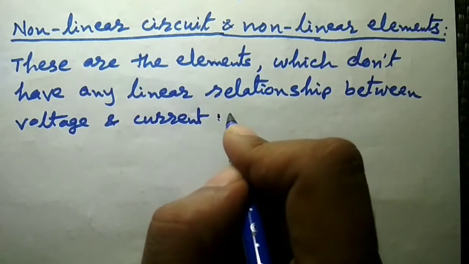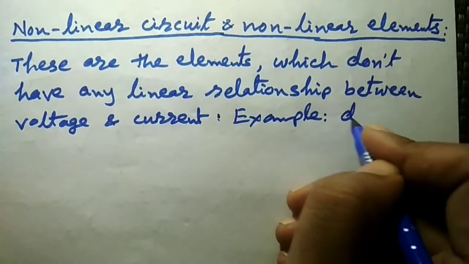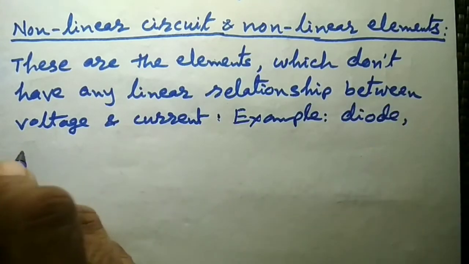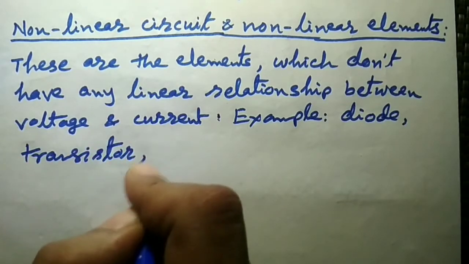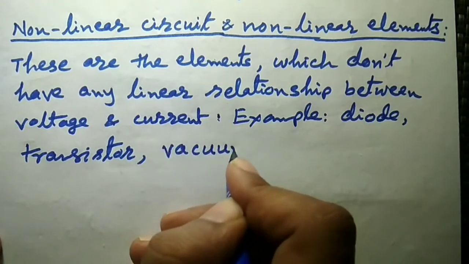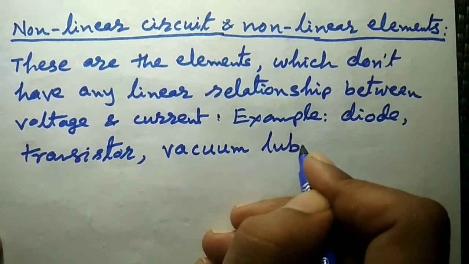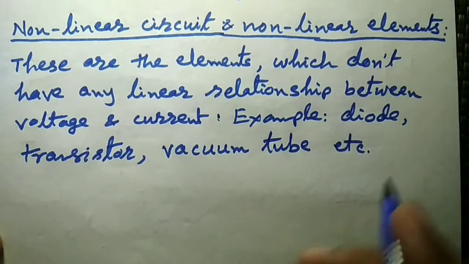For example, diode, transistor, then vacuum tube, other electronic devices, etc. And the circuit that is made by these nonlinear elements is called a nonlinear circuit or network.